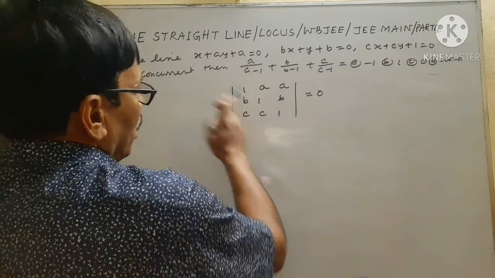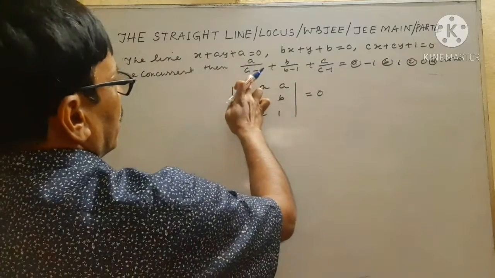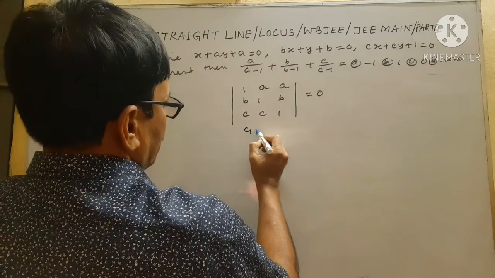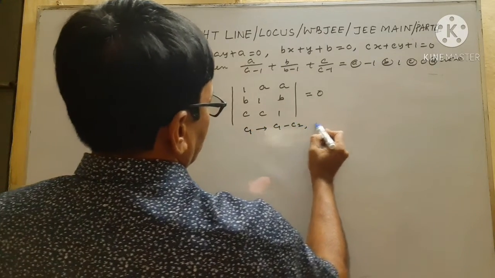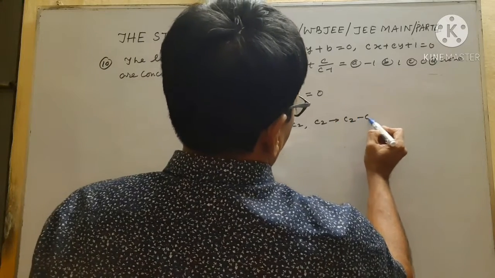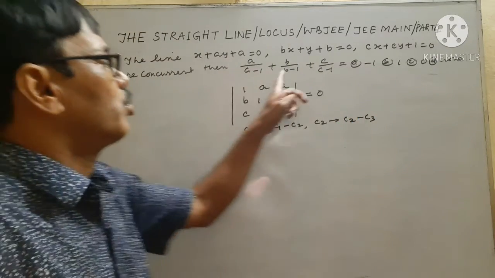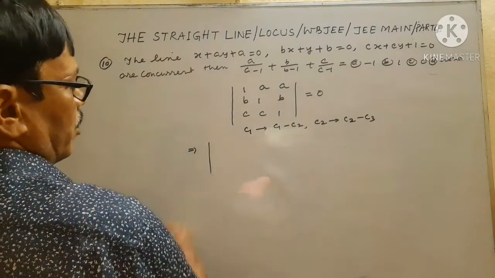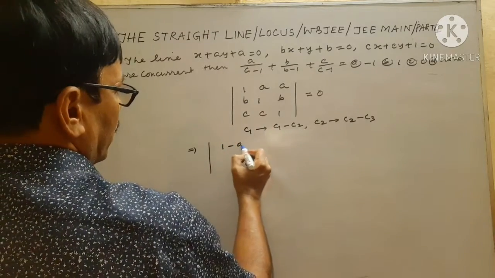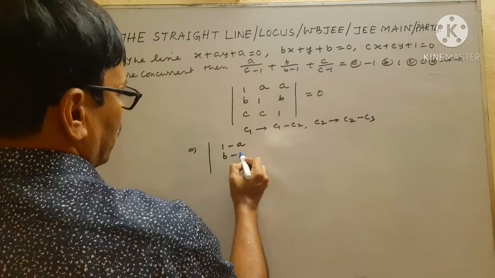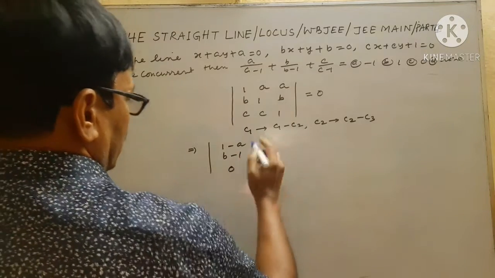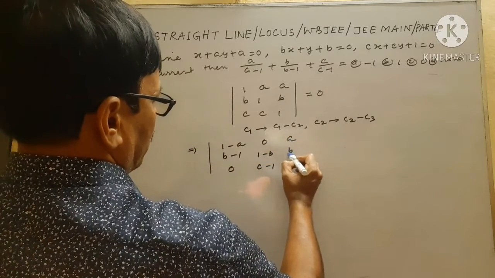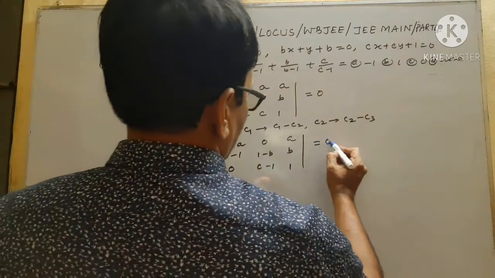Now it is a minus 1, b minus 1, c minus 1. So we use C1 replaced by C1 minus C2, and C2 replaced by C2 minus C3. Why? To get a minus 1, b minus 1 of this type. So this implies 1 minus a, this is b minus 1, this is 0, this is 0, 1 minus b, c minus 1, a, b, 1 equals 0.